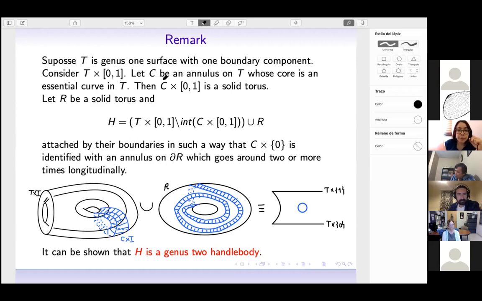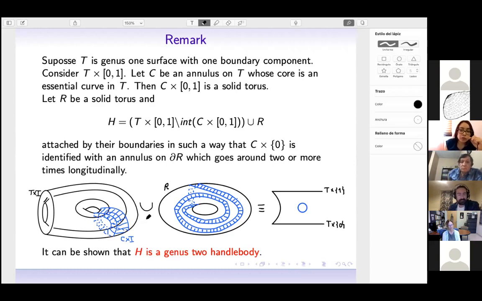Let C be an annulus on T whose core is an essential curve in T. Then C cross I is a solid torus. This blue region.